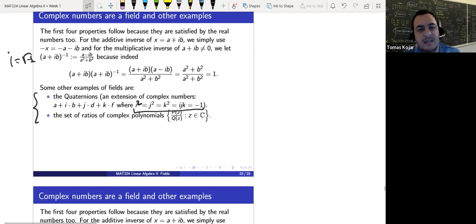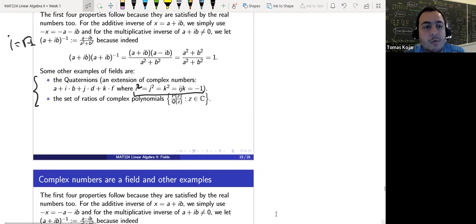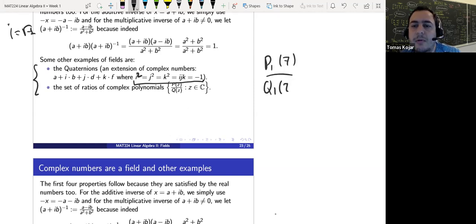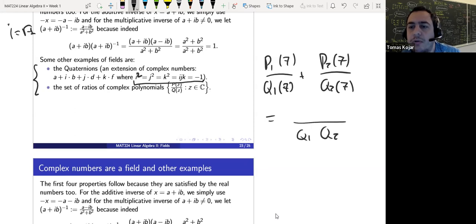Anyhow, so this is an extension of complex numbers, and this will also be a field. Also, the set of ratios of complex polynomials is also a field, meaning you can add complex polynomials because you get another complex polynomial, like P1 Q2 plus P2 Q1 over Q1 Q2.